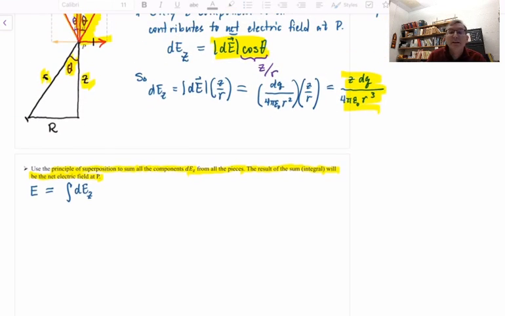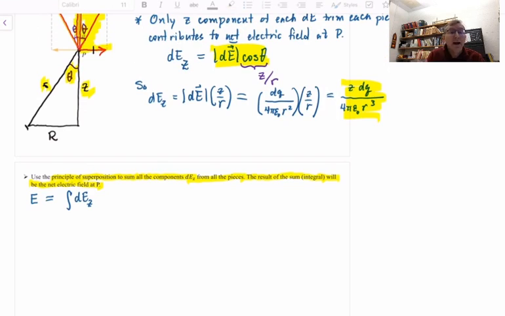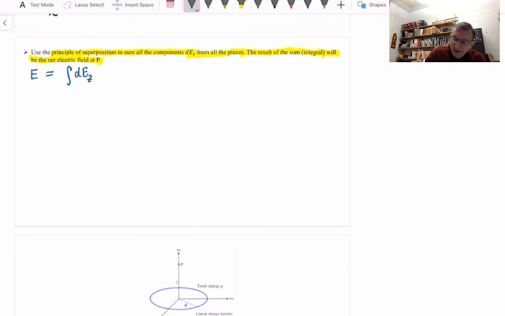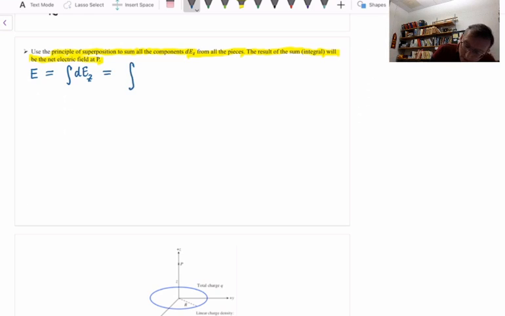So you got that expression right there for the dEz. We're adding them up, all the dEz's from all the little pieces of the ring. Note that adding up an infinite number of infinitesimals is integration. That's why I used the integral symbol. So now I just substitute the expression for dEz that I just wrote: Z dq over 4 pi epsilon 0 little r cubed.